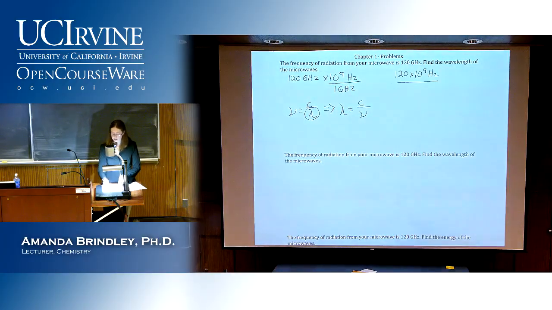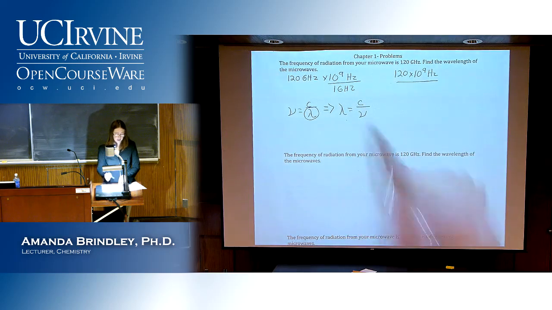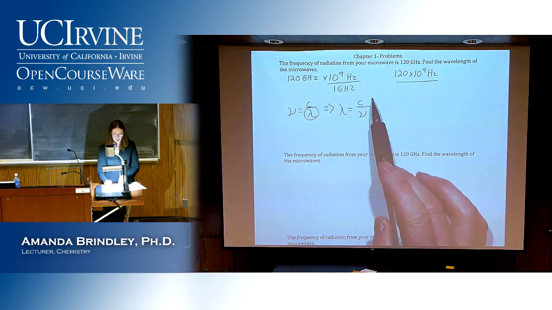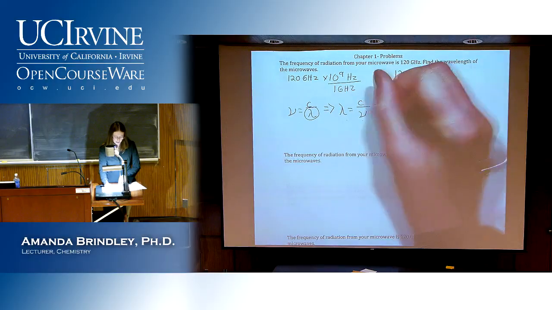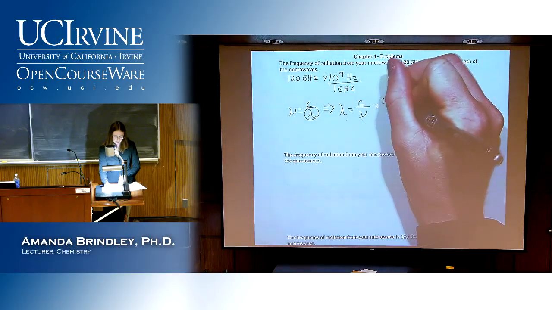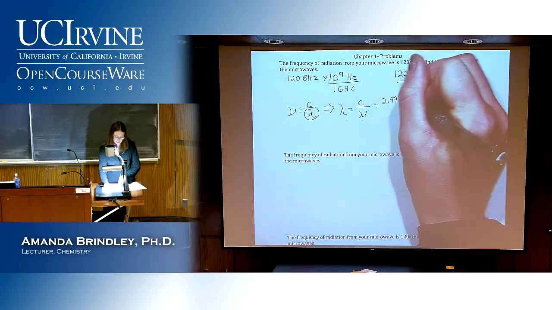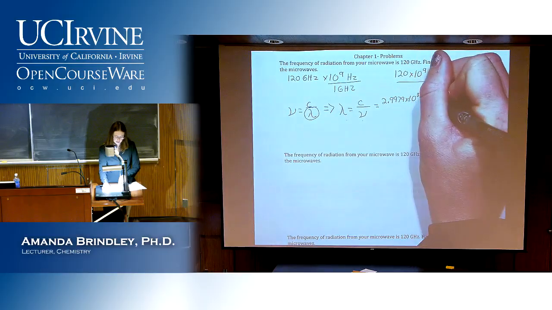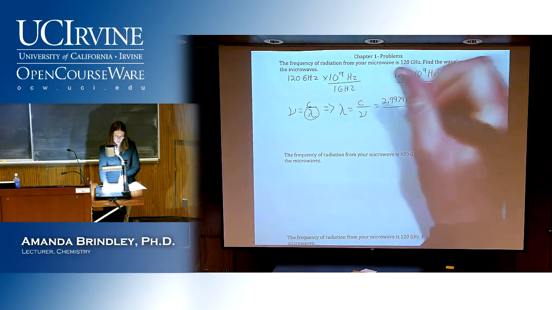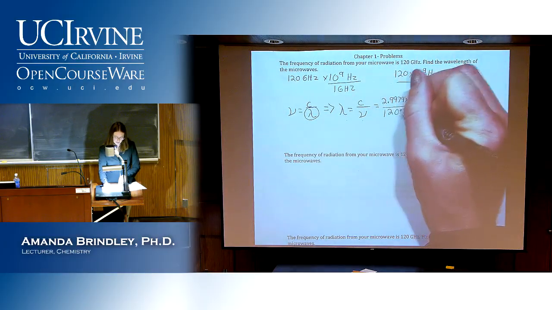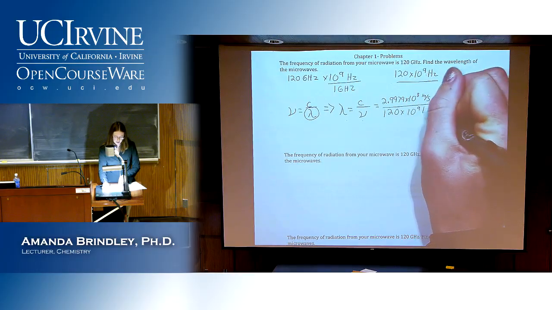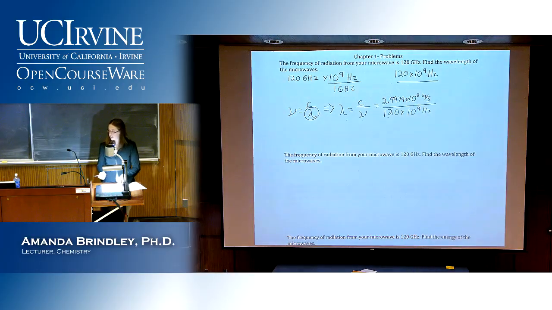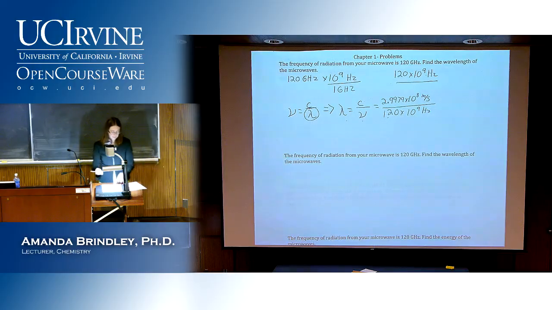So we can fill in our lambda equals c over nu, wavelength equals the speed of light over frequency, and then we can fill in all our values. And we can bring down hertz here. Now, of course, you could never leave an actual answer in 120 times 10 to the ninth, but it's fine to fill it into an equation.